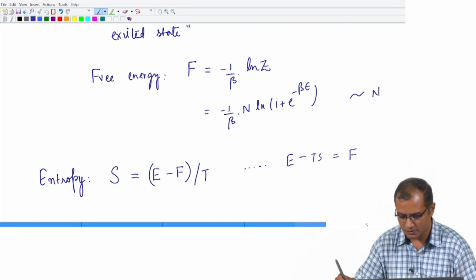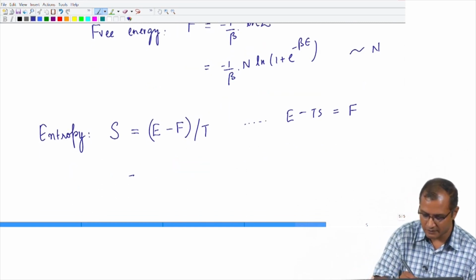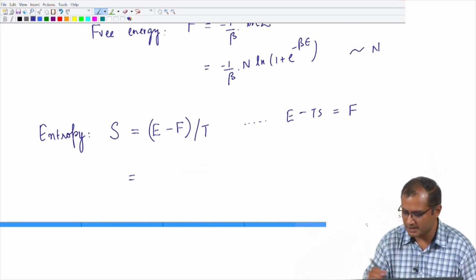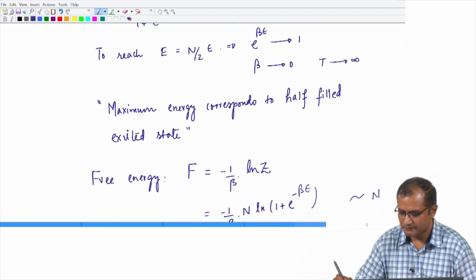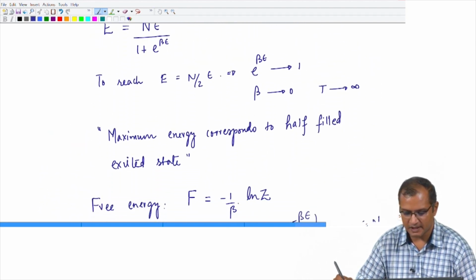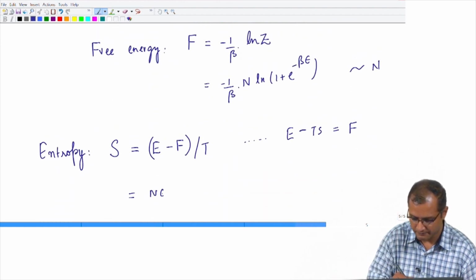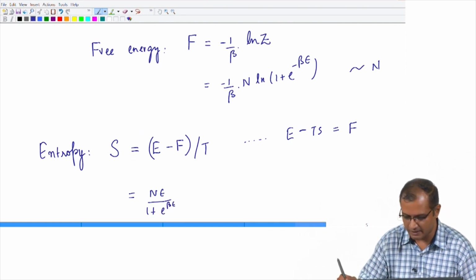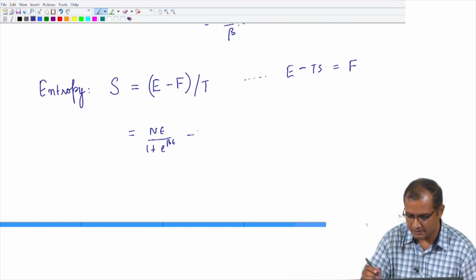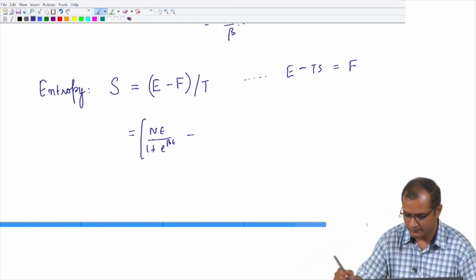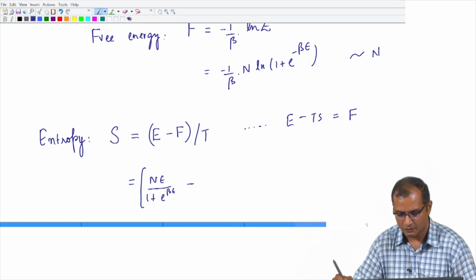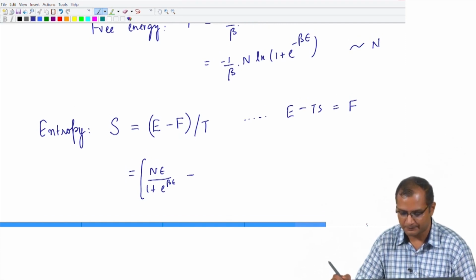Okay. So, substituting the values of E and F here, I write down energy, which is n epsilon upon (1 plus e raised to beta epsilon), this is my energy, minus the free energy which is already minus 1 upon beta.